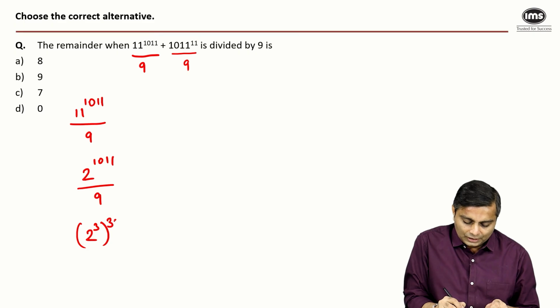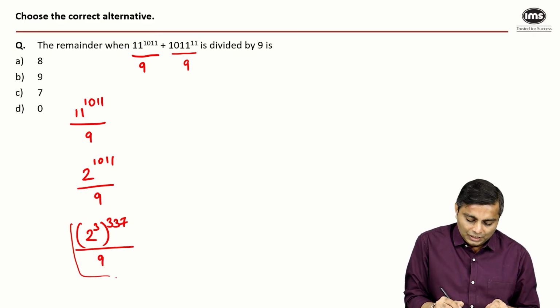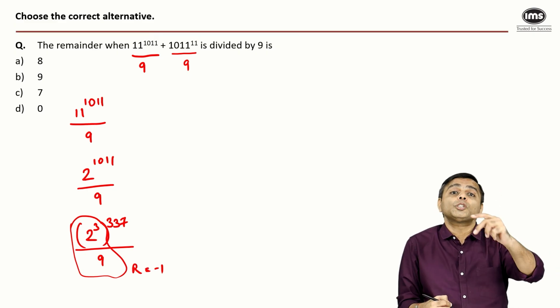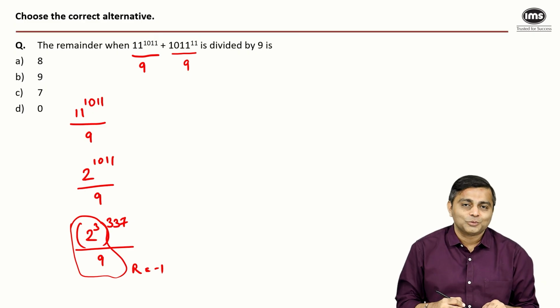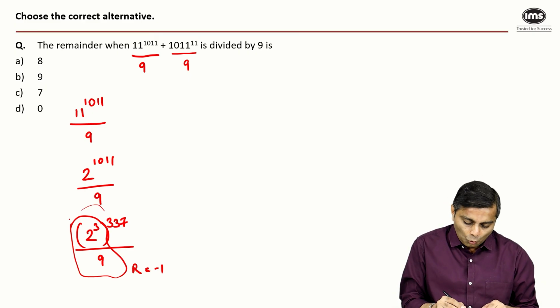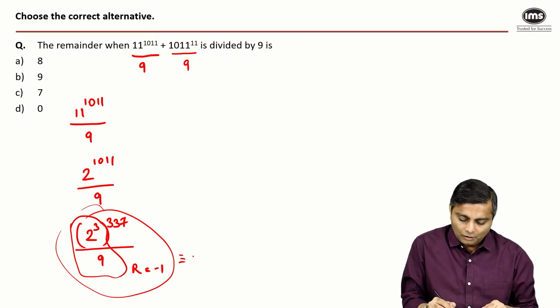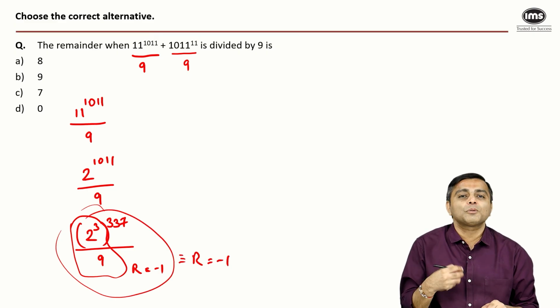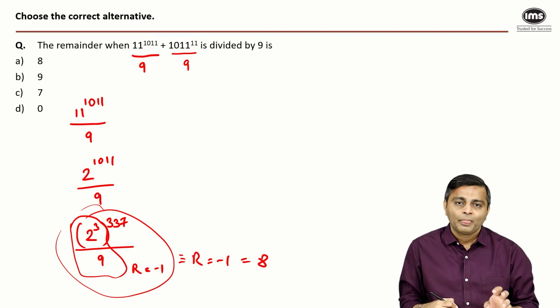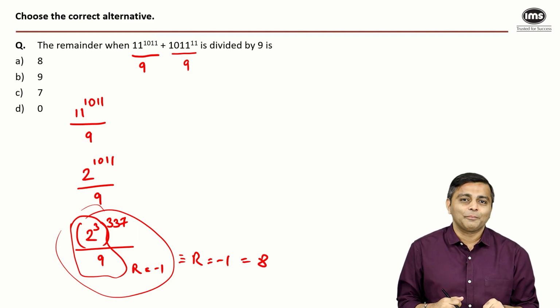It will be 337, divided by 9. So I know this part is going to give me a remainder of -1. -1 raised to an odd number is -1. Hence this whole thing is going to give me a remainder of -1. A remainder of -1 when divided by 9 is nothing but a remainder of 8. So the first bit is giving us a remainder of 8.